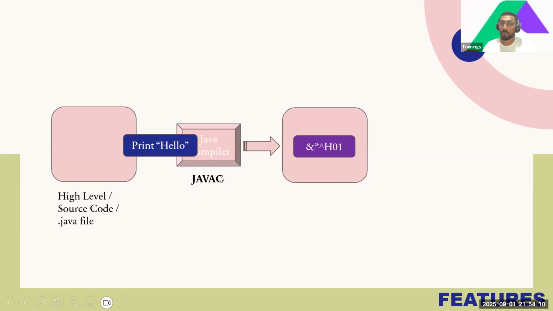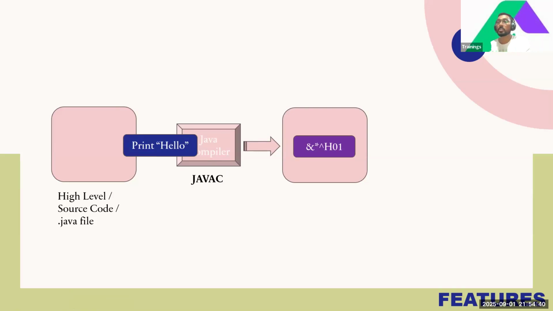So javac means Java compiler. Java has its own compiler. We don't have to buy this translator from anywhere. Java has it already. Java comes with this Java compiler. We don't have to download or install it separately. It comes along with Java by default. So Java has its own compiler, which is responsible for converting high level language to low level language.